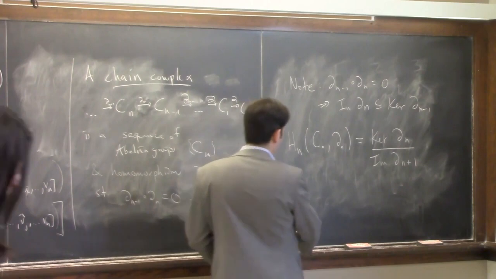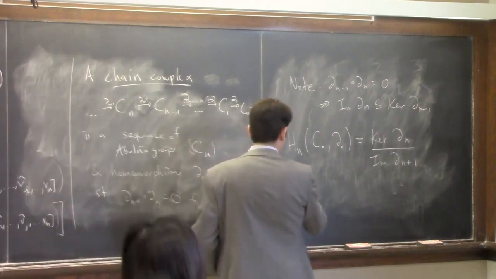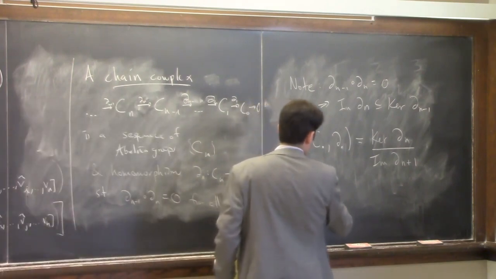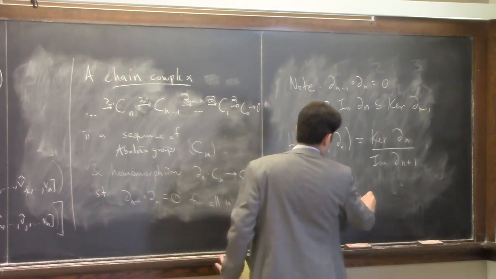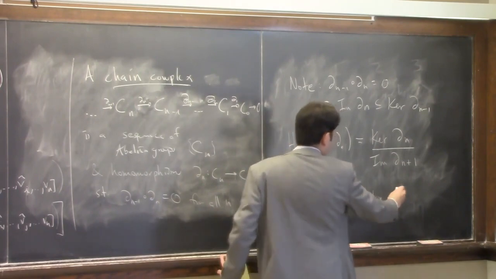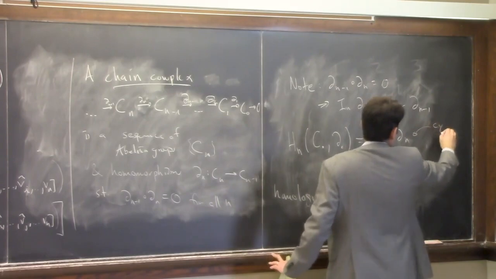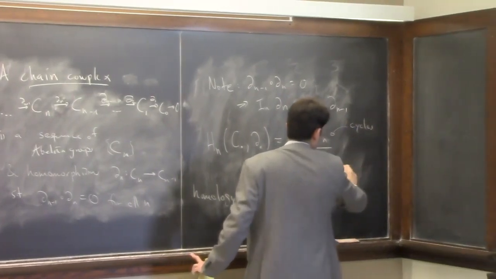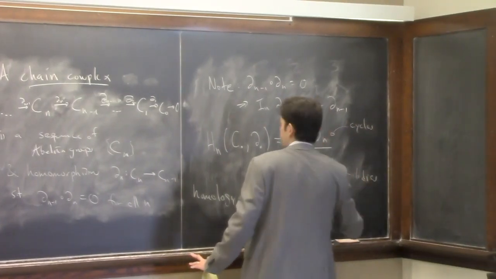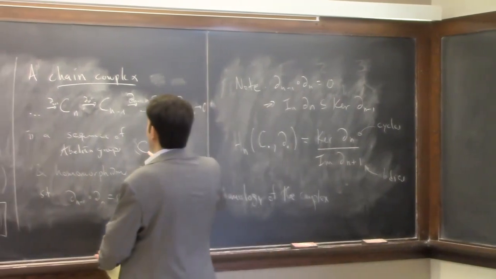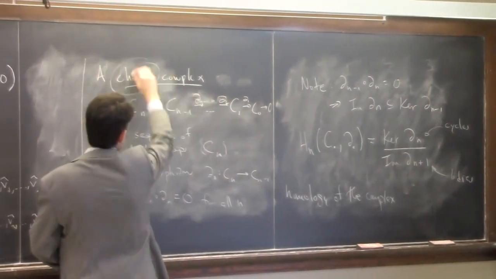So this is the homology of the complex. These are called cycles. These are called boundaries. The elements here are called chains, hence the chain complex.